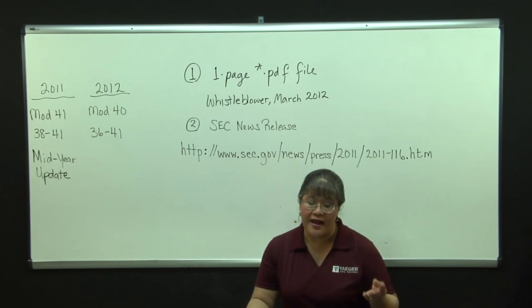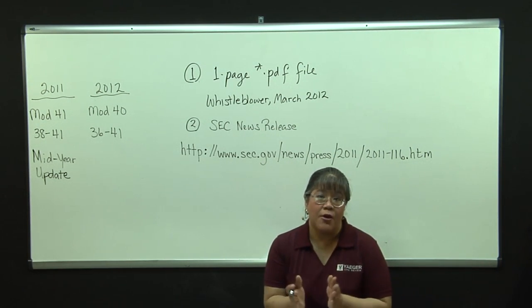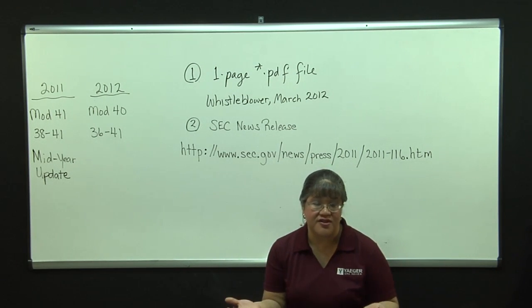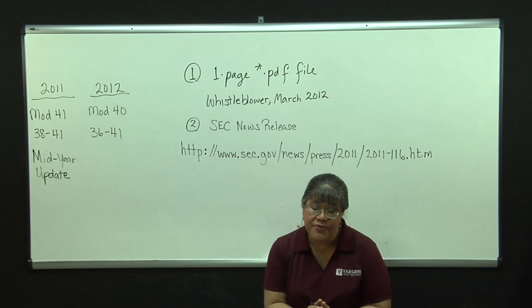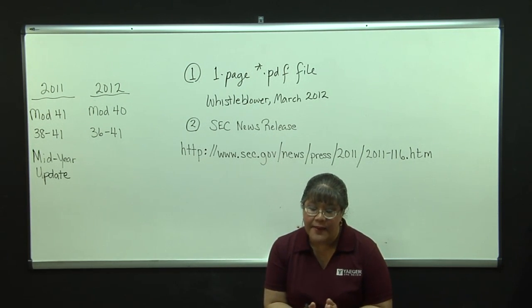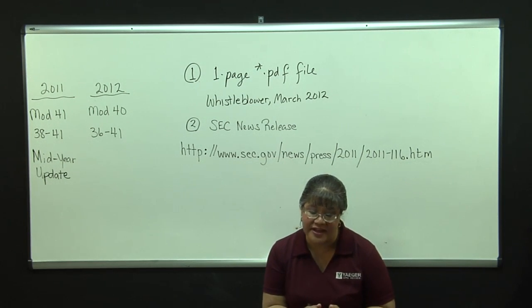Now, to give you some context, on May 25th of 2011, the Securities Exchange Commission, the SEC, did adopt final rules to establish their whistleblower program. This was part of Section 922 of the Dodd-Frank Wall Street Reform and Consumer Protection Act of 2010.